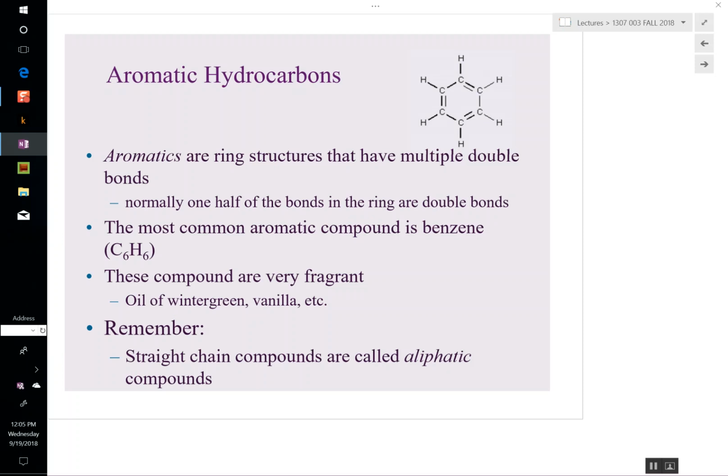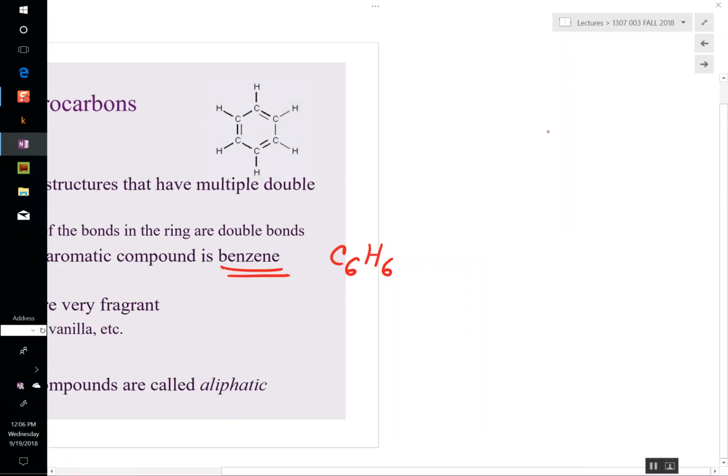Now let's look at aromatics. This is the third class in this chapter 11. It is unsaturated. Benzene is C6H6. If I start making a 6-membered ring, and I put a double bond and then skip one and put another double bond, and skip one and put another double bond, I've got alternating double bonds in a ring.